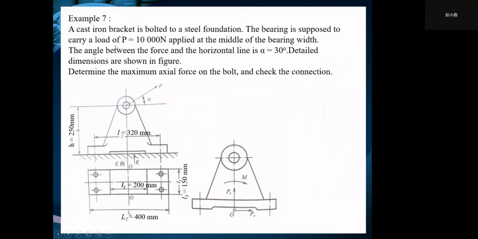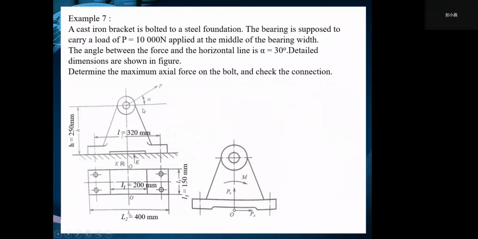A cast iron bracket is bolted to a steel foundation. The bearing is supposed to carry a load of P. And then the angle between the force and the horizontal line is alpha. Alpha is 30 degrees.